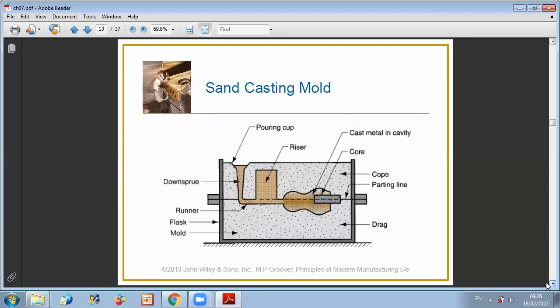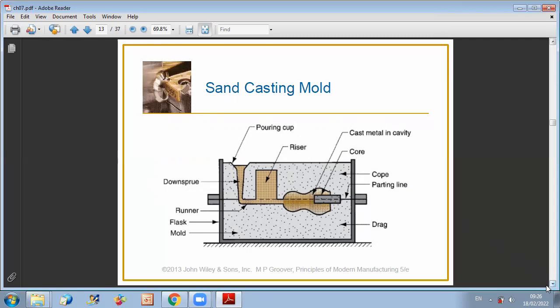Now, in the following slide, we have again the different parts of a mold that can be a closed mold, where at the end of the process, we can just open this part and release our object.